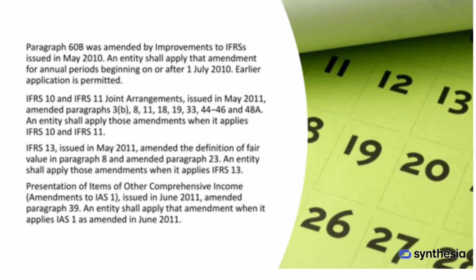IFRS 13, issued in May 2011, amended the definition of fair value in paragraph 8 and amended paragraph 23. An entity shall apply those amendments when it applies IFRS 13. The presentation of items of other comprehensive income, which is an amendment to IAS 1 issued in June 2011, amended paragraph 39. An entity shall apply this amendment when it applies IAS 1 as amended in June 2011.